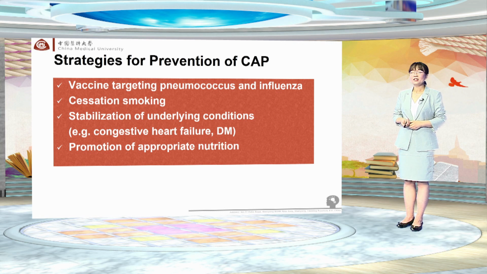In addition, stabilization of underlying conditions, for example congestive heart failure or diabetes mellitus, and the promotion of appropriate nutrition may help to reduce the risk of CAP and thereby promote longer and healthier lives.